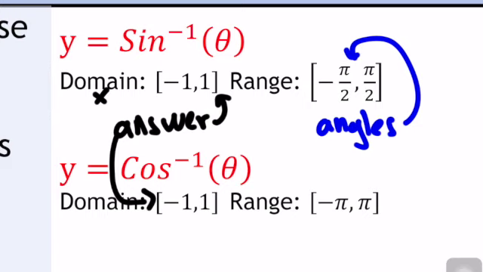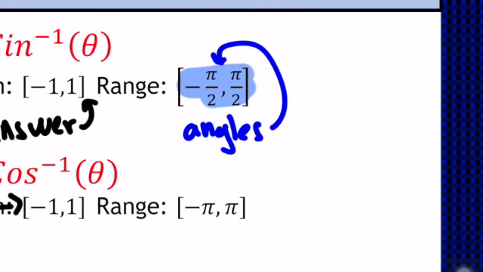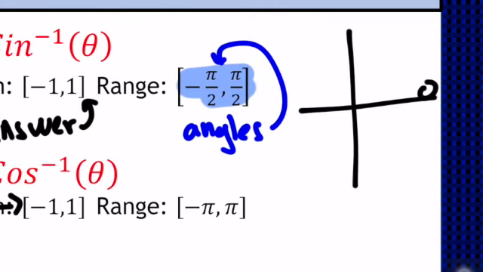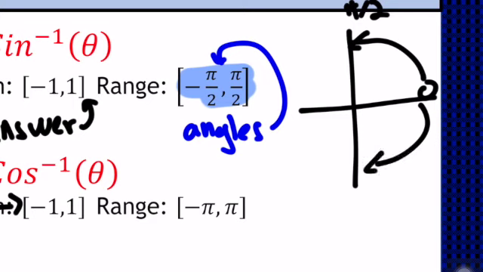So if you notice for sine, I'm only looking at values in between -pi/2 and +pi/2. The way I look at it is if we start here at 0, if I go in this direction, I've got pi/2, and if I go in this direction, I've got -pi/2.